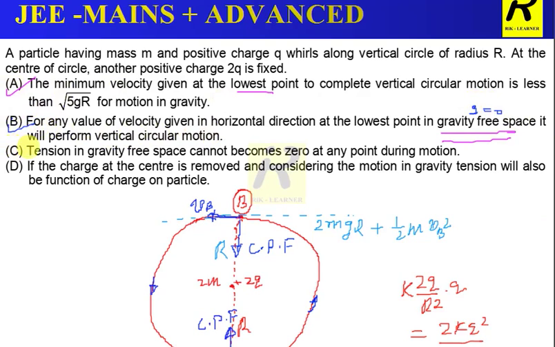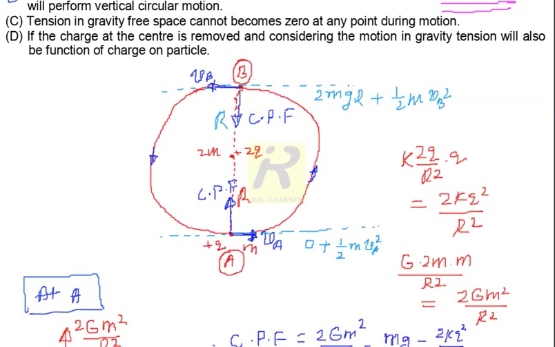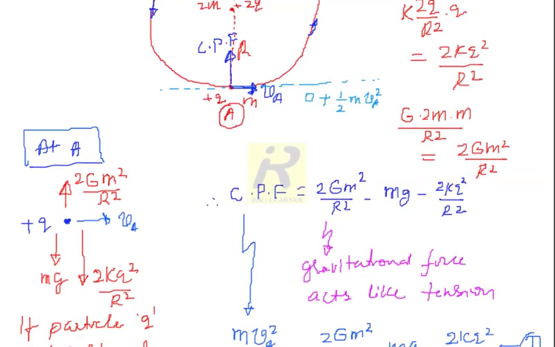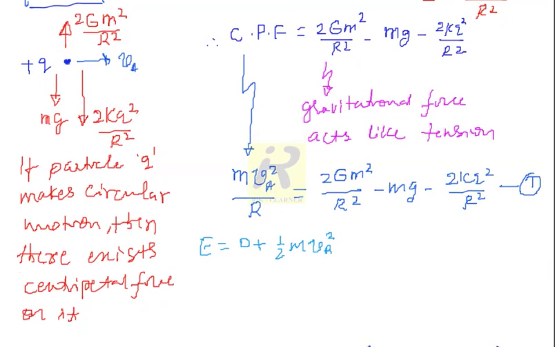See about option C. Tension in a gravity free space cannot become 0 at any point during motion. So take the two equations, equation 1 and equation 2. In equation 1, what I already said, this point is the tension Ta.